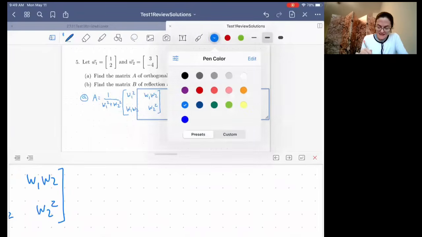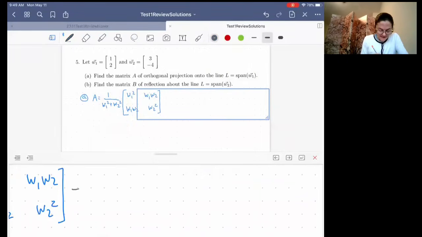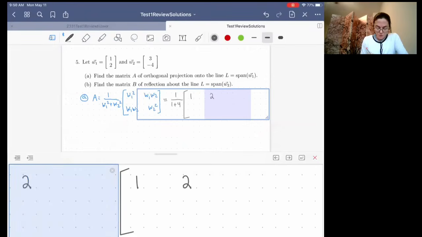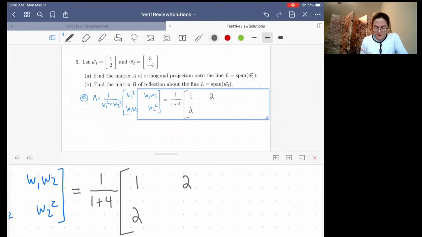So what is this in this case? Well, it's 1 over 1 plus 4, and then W1 squared, W1 W2, W1 W2, and W2 squared.